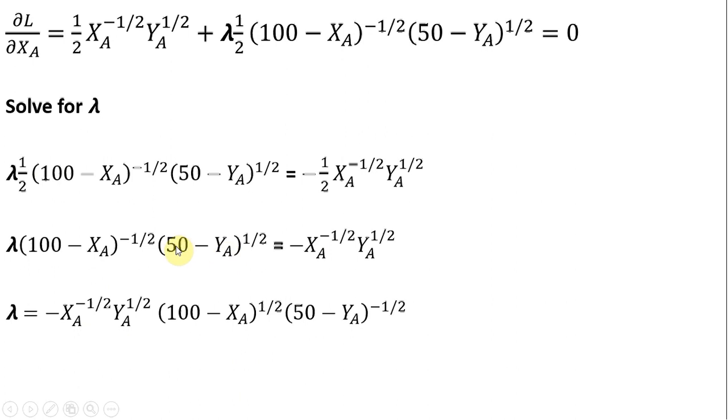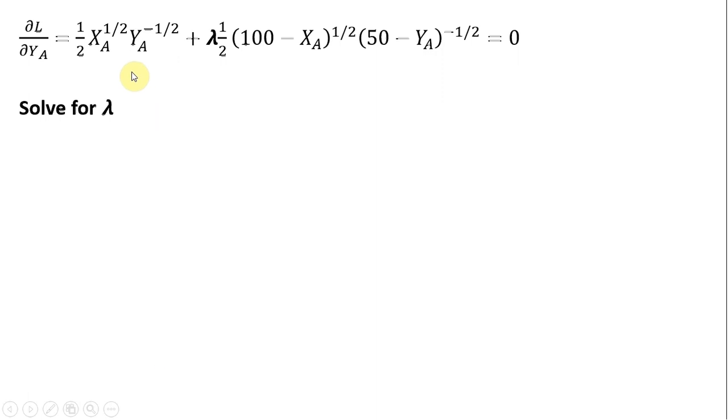Likewise, I'll take this term on the left-hand side and divide everything through by it, and that will move this term over here on the right-hand side. Just following the rules of exponents here.